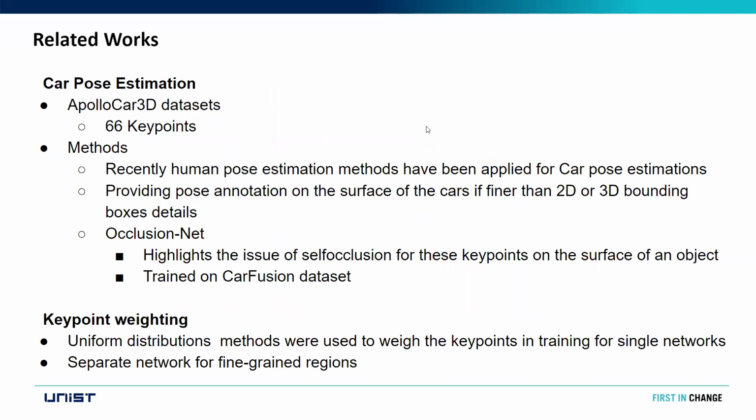For car pose estimation, there is the newly released ApolloCar3D dataset. This is also similar to the COCO whole body dataset, and consists of 66 key points. Previously, car pose estimation datasets had around 12 to 15 key points, but this one has more fine-grained key points.